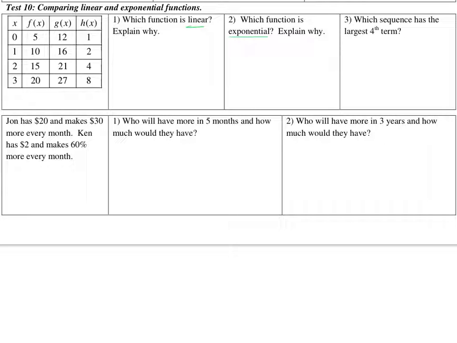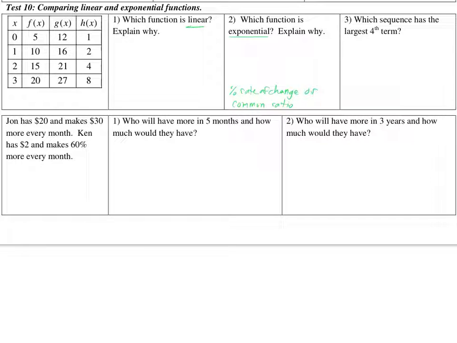So for my explain why, well, what I'm looking for here is a percent rate of change or a common ratio. That's what we're looking for in exponentials. That's my explanation why.